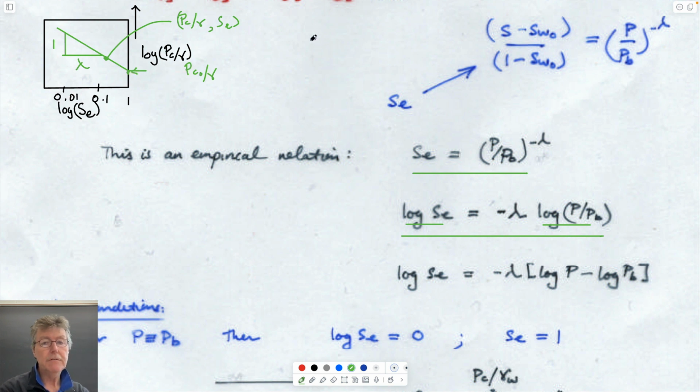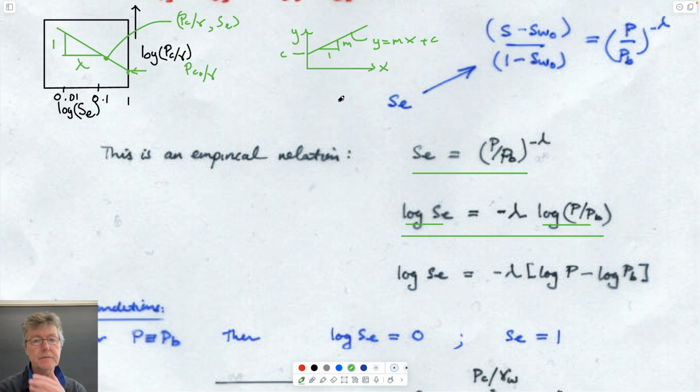So if you think of behaviors as this, then this is y equals mx plus c. C is this ordinate, this is y, this is x, this is 1 and the gradient. Yeah, that's right. That's just the equation of a line.